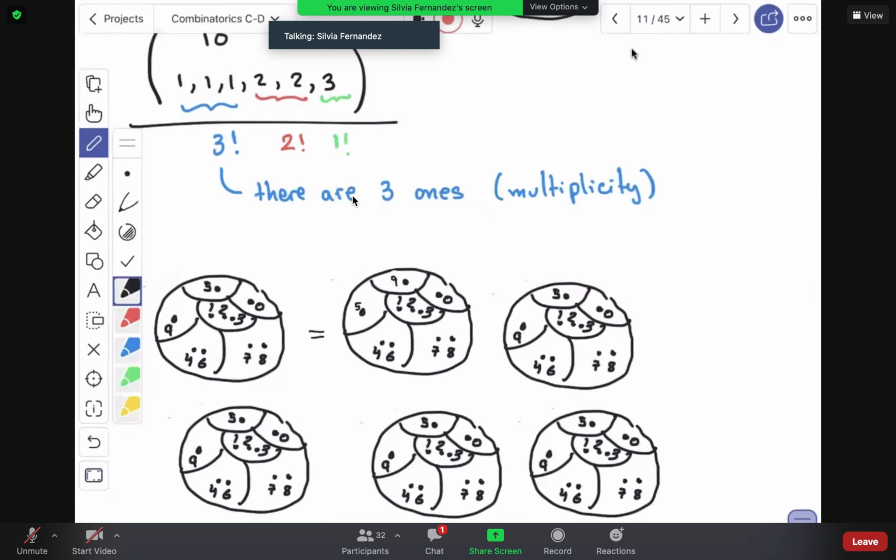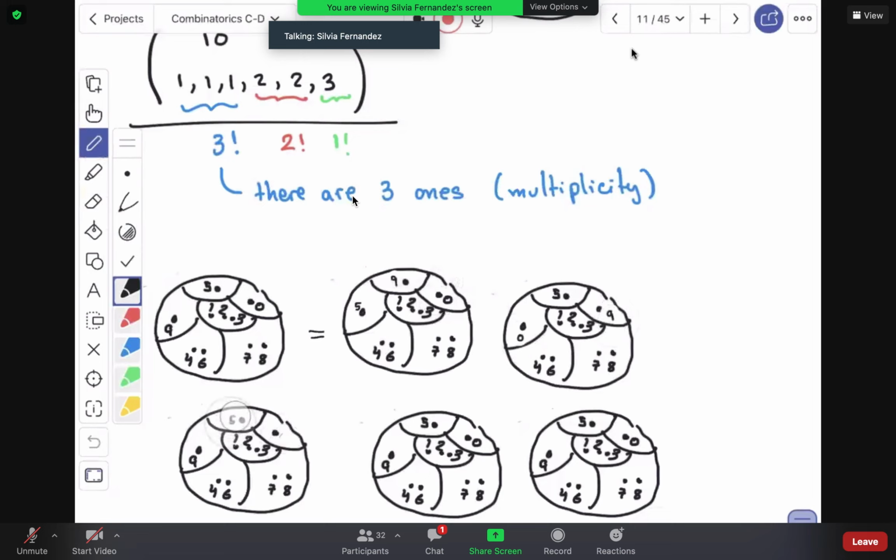This is also the same as if I switch, for example, here the 9 and the 0. No? So instead of having here the 9 and here the 0, I could switch the 9 and the 0. And I can also switch 5 and 0.